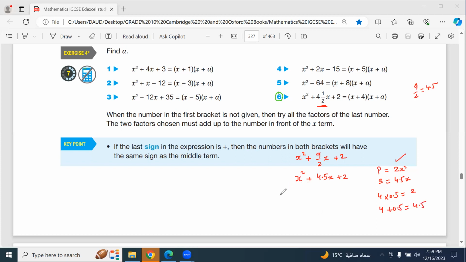So let's see if we write here x squared plus 4x plus 0.5x plus 2. What is common here in the first part? We have x common, yes. If we take x common, it would be x plus 4.